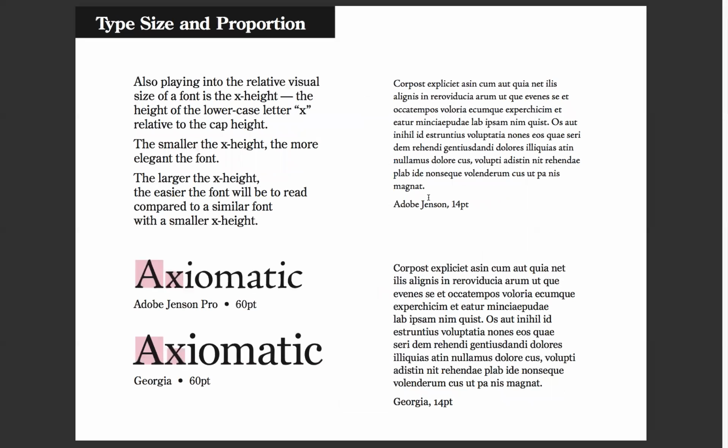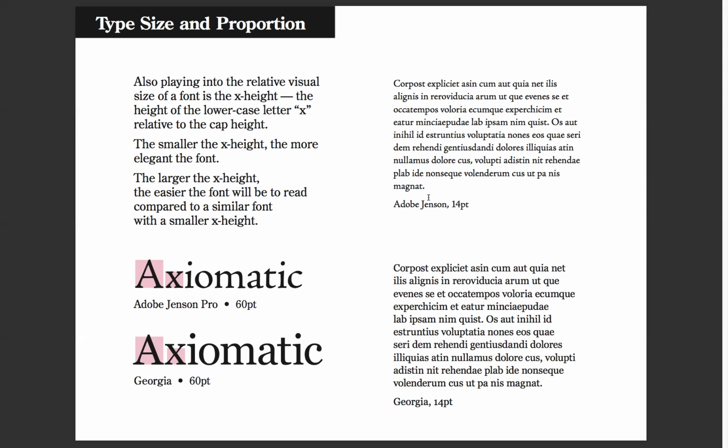When you're working with type, there's also something called the X height, which is the height of the lowercase x. If you look at Adobe Jensen Pro, which is an old style font, the size of the X is relatively small compared to the capital letter, while a font like Georgia, which is a newer font, has a very large X relative to your cap height.